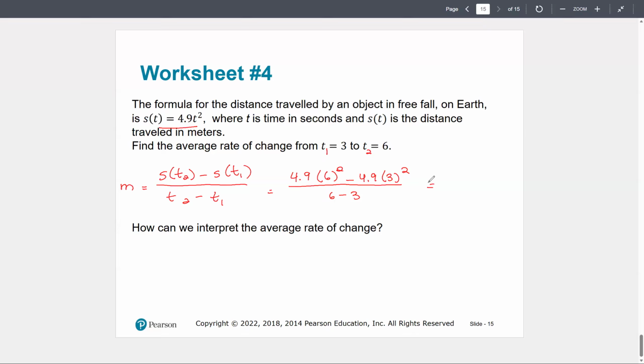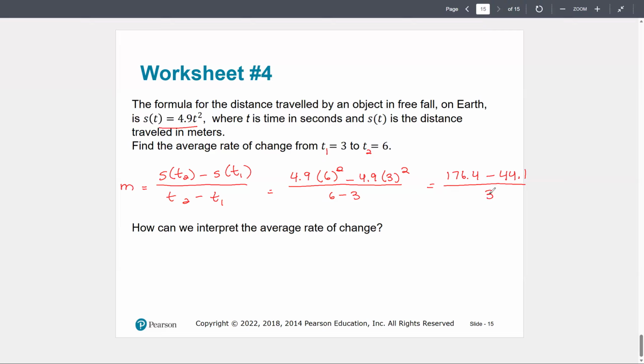So let me just get my numbers here. So that means that we are going to have 4.9 times 6 squared, which is going to be 176.4. And then 4.9 times 3 squared is going to be 44.1.